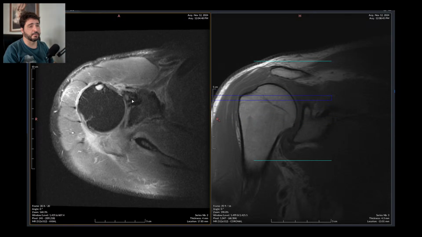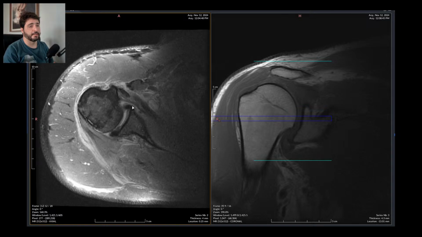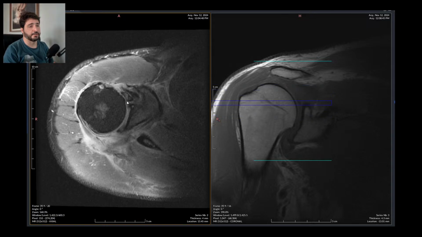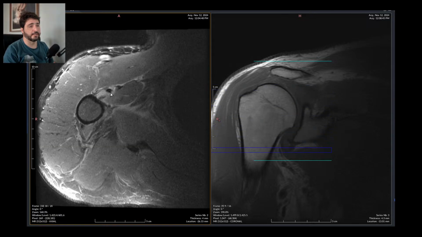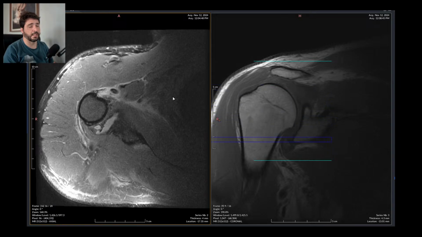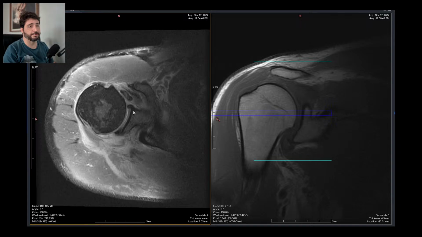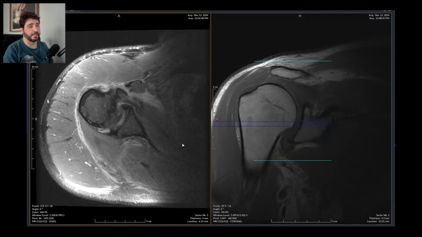There is a complete tear of the subscapularis tendon right there. There is advanced degenerative disease of the long head biceps tendon right there, which is dislocated medially and goes through the site of rupture of the subscapularis right there.